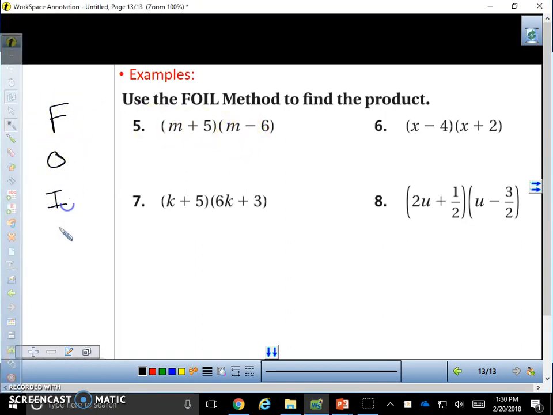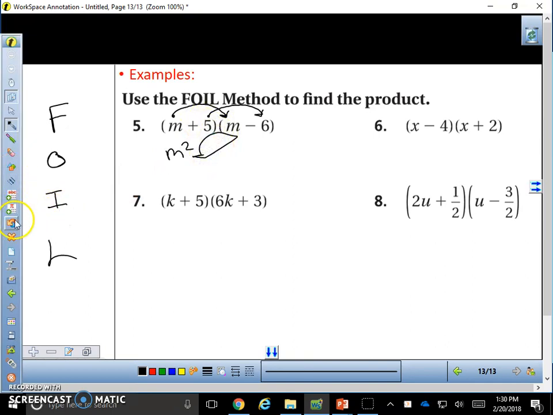So FOIL: F-O-I-L, first, outer, inner, last. First to first, m times m is m squared. Outer, 5 times -6, negative 30. Inner, 5 times m, plus 5m.